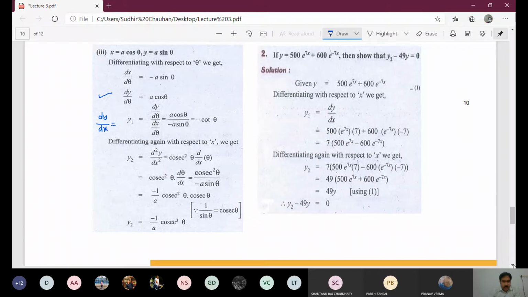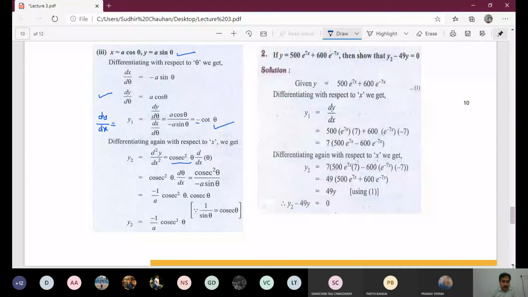As we can see that x and y are in the form of theta, so we have to differentiate with respect to theta and then we can put the value. So its value is minus cot theta. Again differentiating with respect to x, we'll get y2, that is d2y over dx square. The differential of cot is minus cosec square, so minus is already there, so it is minus cosec square theta.